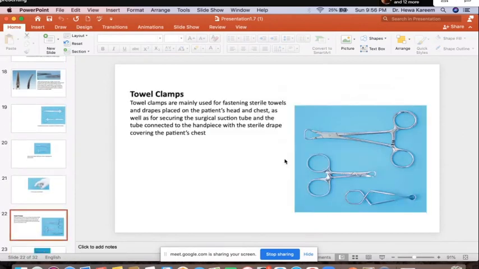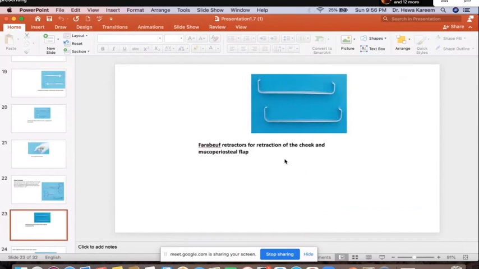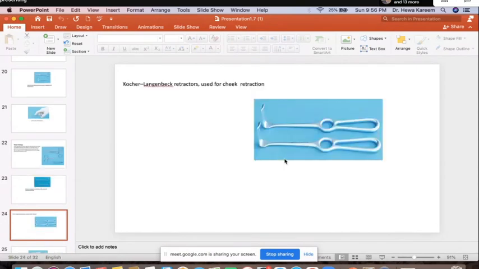Towel clip. Cheek retractor. Long index used for cheek retraction.